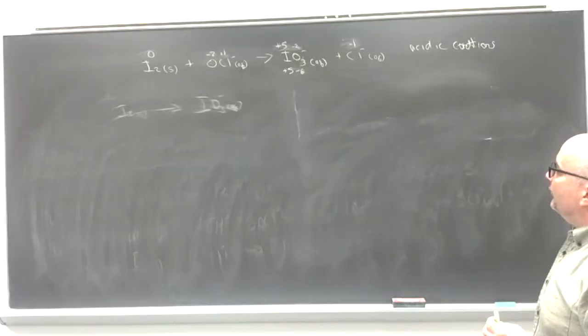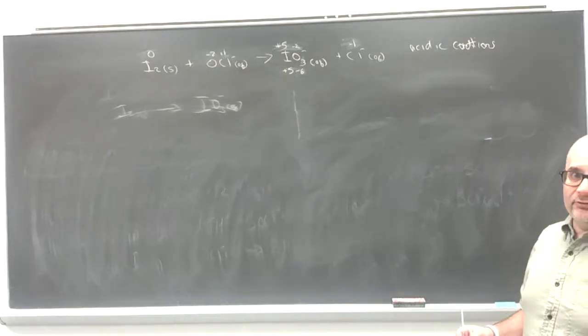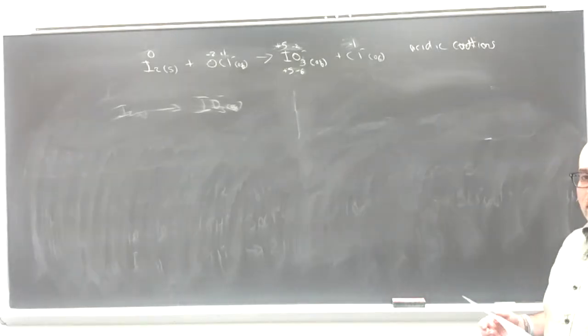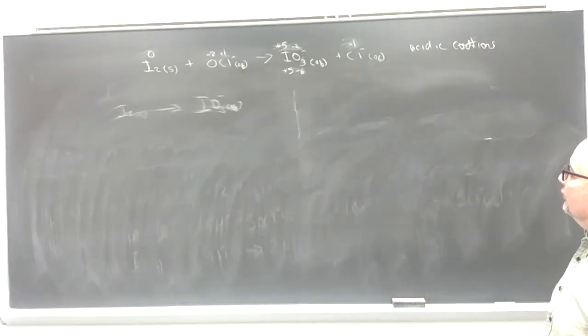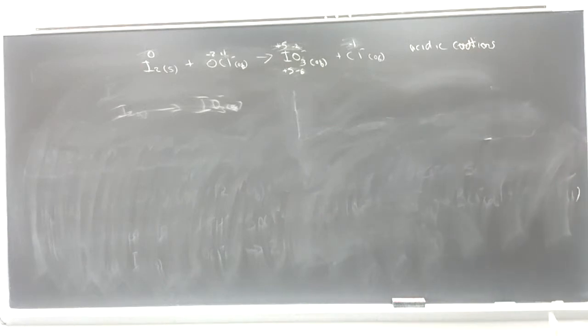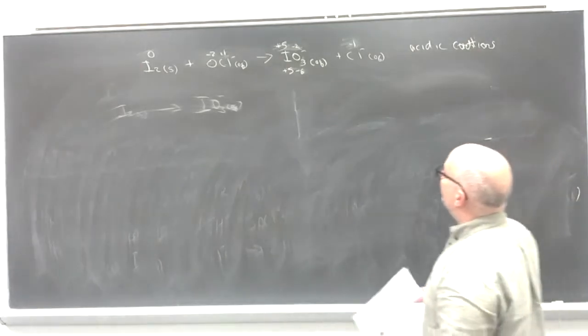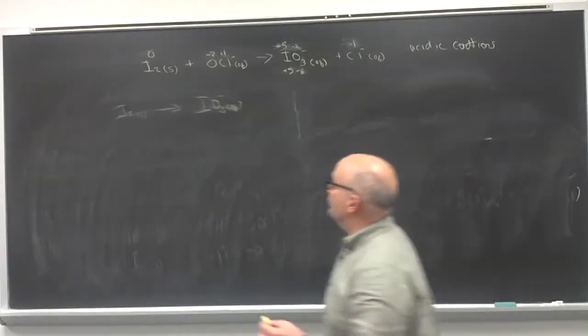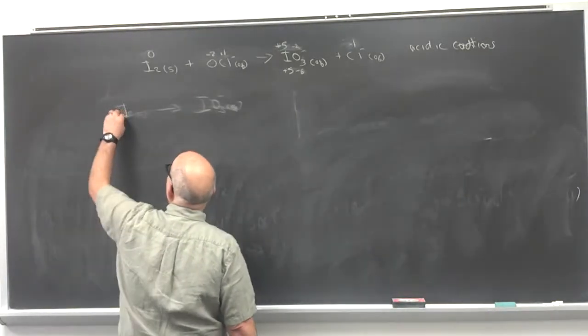So we need to split this up into oxidation and reduction half reactions, and you can get that by looking at the elements for which the oxidation number changed. So the iodine went from 0 in I2 to +5 in IO3 minus, so that's the oxidation half reaction. I'll just write that here.